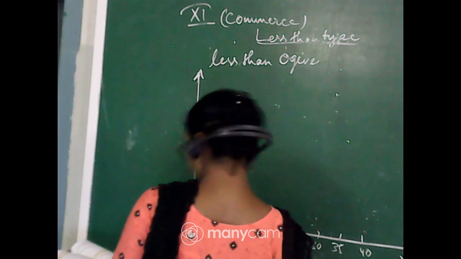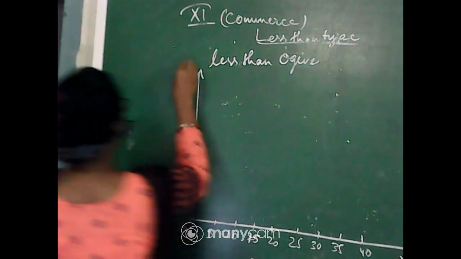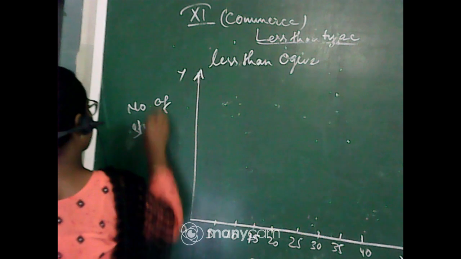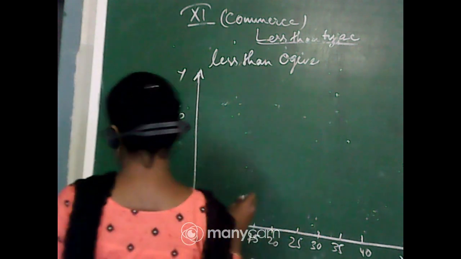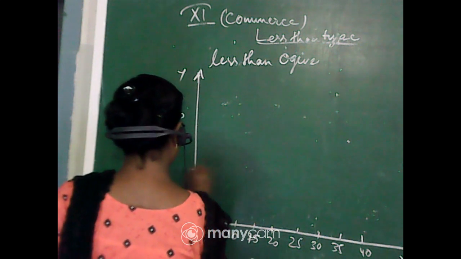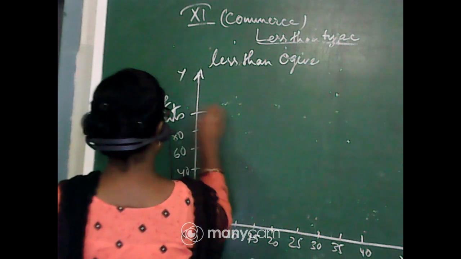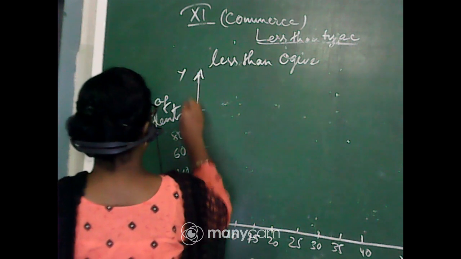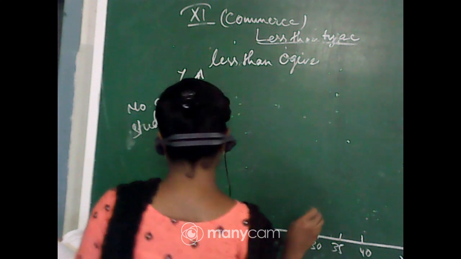On X, this one is marks, and this side is number of students. Here we take 20, 40, 60, 80, 100. So less than 5 or 0 to 5, the first one is 4.